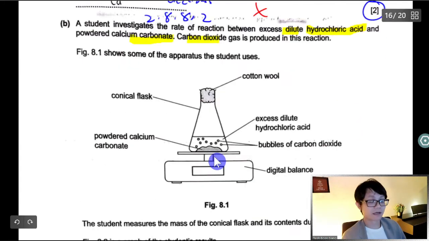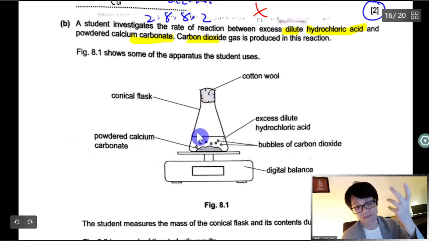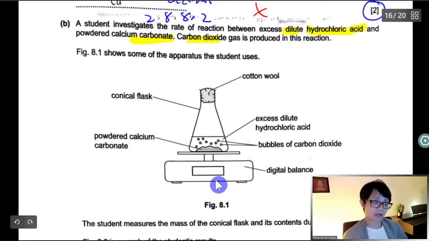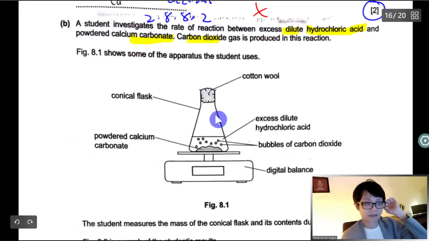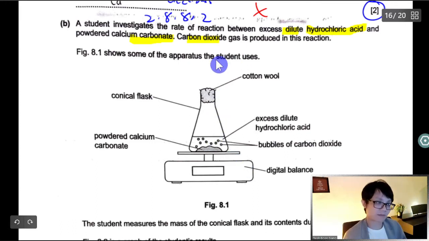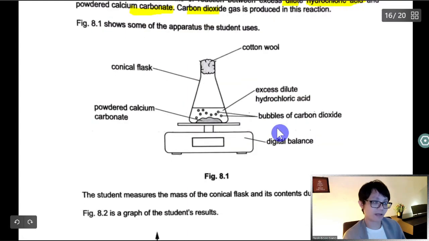Okay, so there will be bubbles, and there's a digital balance and cotton wool. So probably this thing will get lighter, is it? Because as the reaction happens, it gives out carbon dioxide, so the mass will get lesser because carbon dioxide is escaping. It cannot get heavier, because gas is escaping, unless they are absorbing something into it, maybe oxygen.